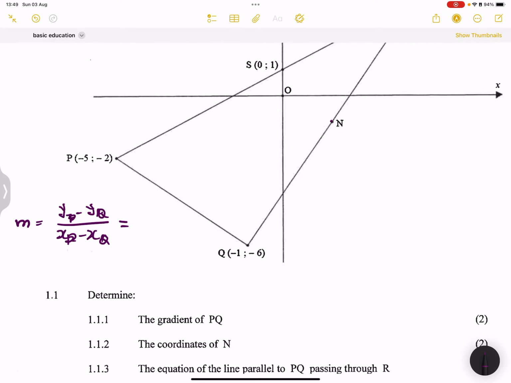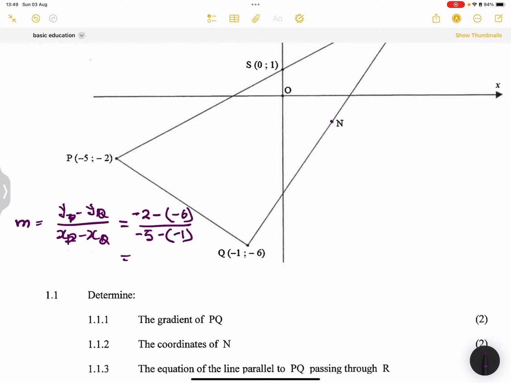So I'm going to have yp is negative 2 minus yq is negative 6, so that's minus a negative 6, divided by xp, that's negative 5, minus, in this case, a negative 1. It looks like it's a negative gradient, so we should get a negative answer there.